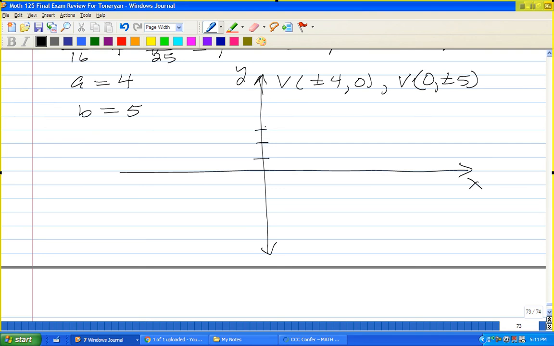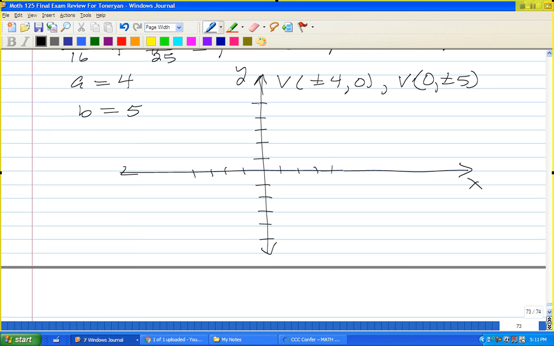Counting 1, 2, 3, 4, 5 again. Let me see if I can get it. I'm going a little bit further.